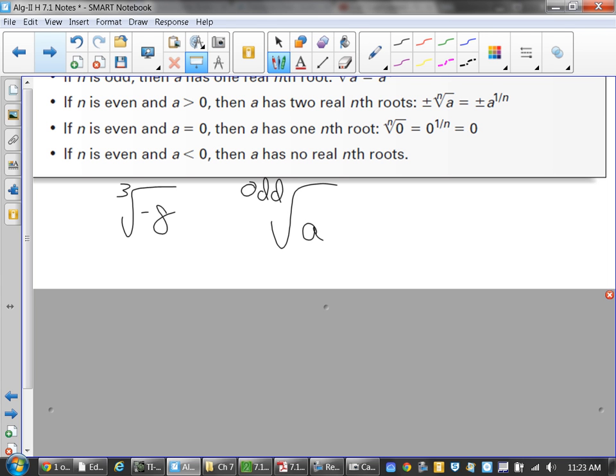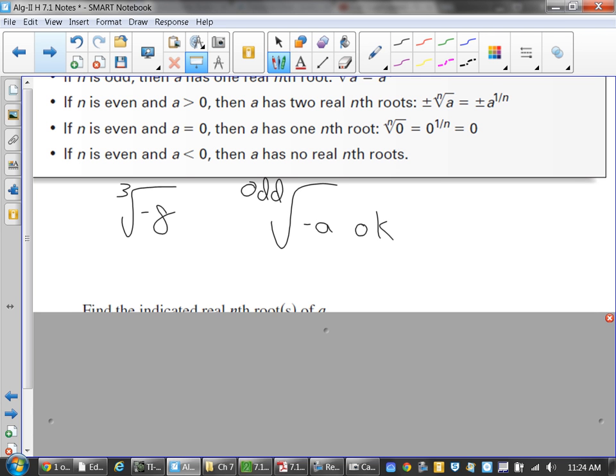So odd roots of negatives are okay. Even ones are bad. If you do the even version of it, this is going to be your imaginary stuff.